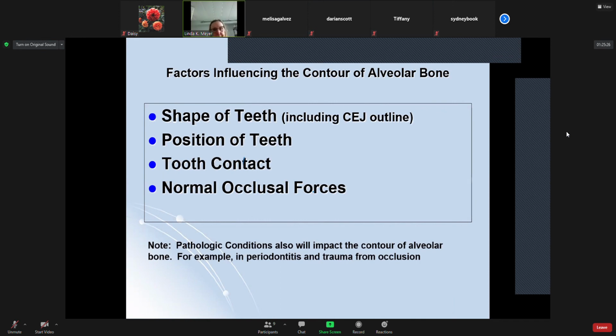So again, I just want to reiterate that these are the factors in health that we're going to look at first. And you're going to see when I talk about the outline of the width and shape of the interdental septum, the contour of the alveolar crest, you're going to see how these things apply.